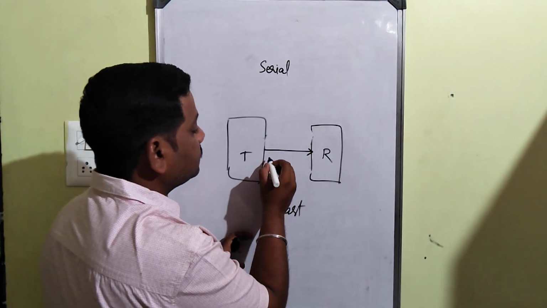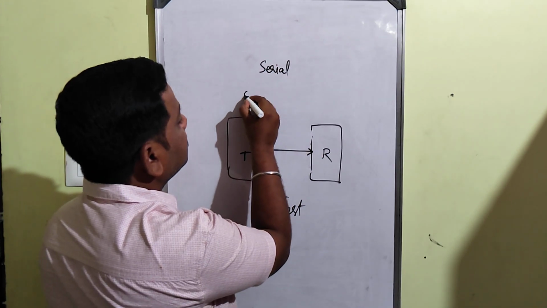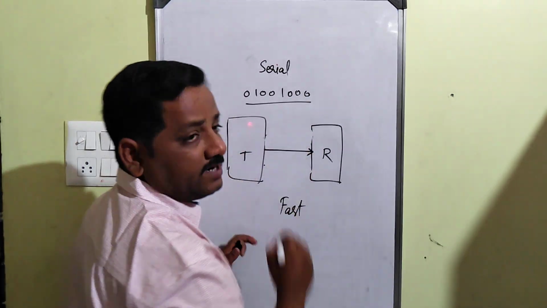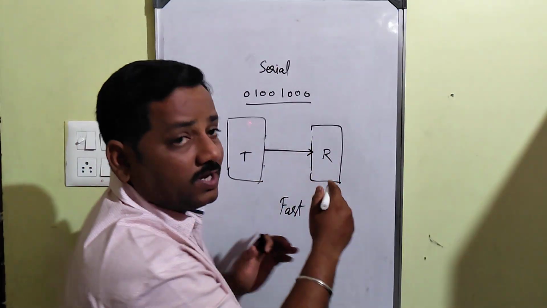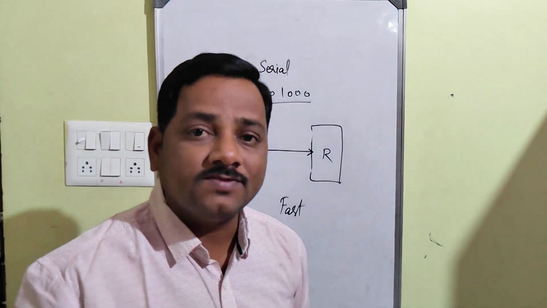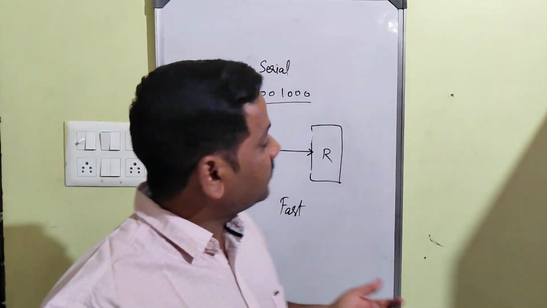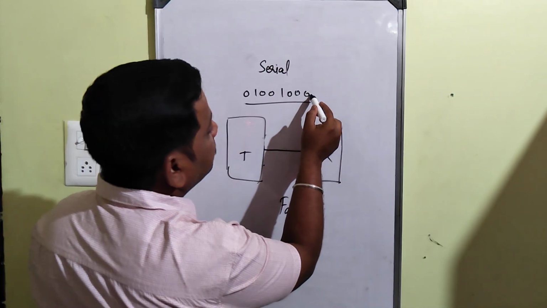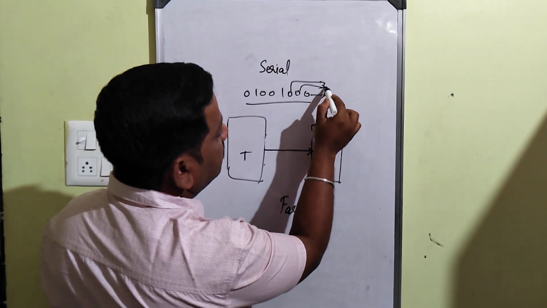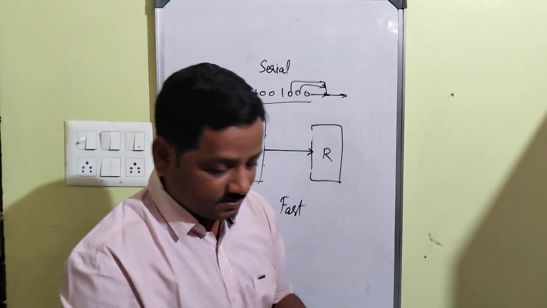If you have data like 0100 1000, which is 8-bit data, you have to transfer it one by one. We cannot transfer it simultaneously. One after the other we need to transfer. So the problem here is we have to compromise with the speed, because first this bit is transferred, next this, next this. All are transferred through the single line.